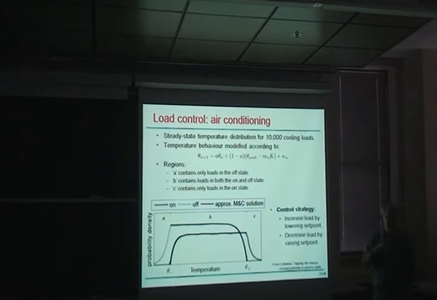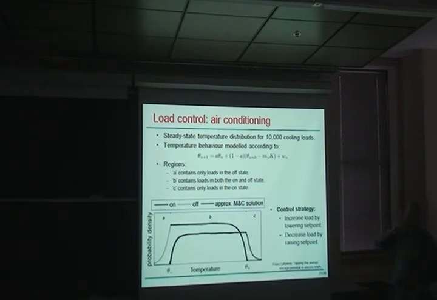Yeah, so at the moment, consumers set their set point to whatever they like. The control strategy is not to set people's set point, but to introduce a deviation in that set point. So you might set your thermostat for 72, someone else might set it for 68.